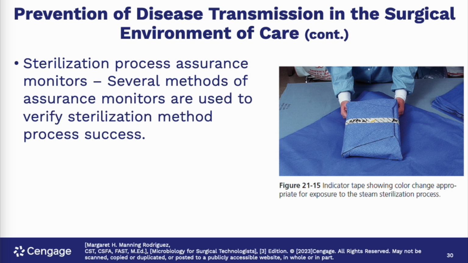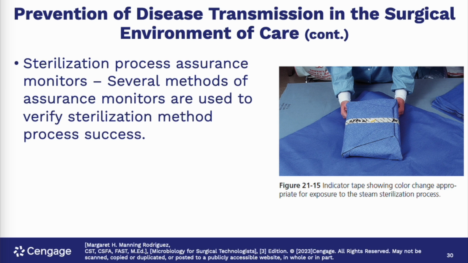All right. We have mechanical indicators. They're produced by the sterilizer unit during the sterilization process. These printouts provide a record of critical parameters such as cycle time and temperature. They serve as a record to confirm that the sterilizer reached the required conditions for sterilization.